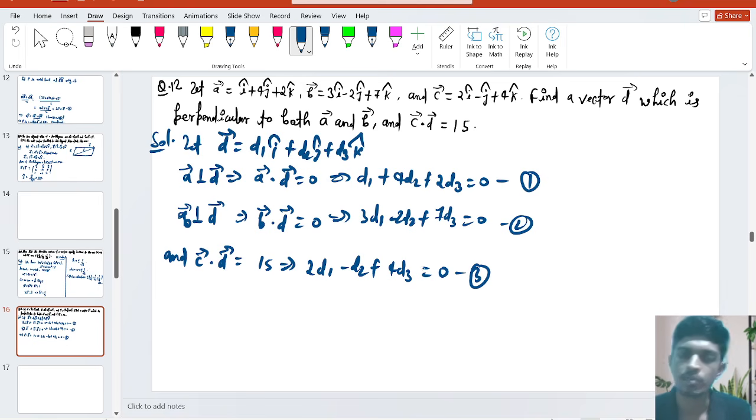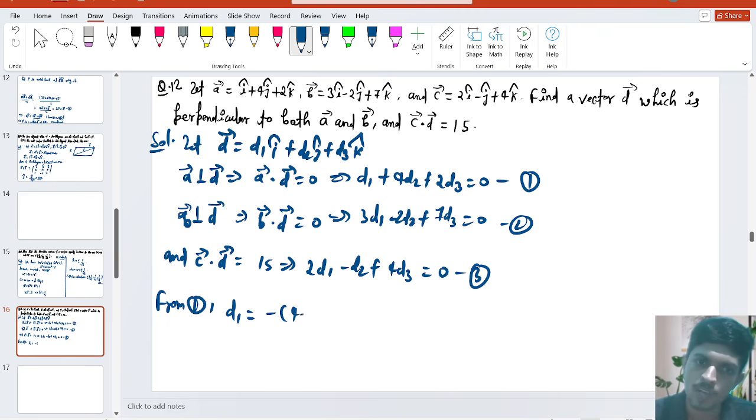How to simplify it? First take the value of D1 and solve it from equation 1. D1 is equal to minus 4 D2 minus 2 D3. Let this be equation number 4.